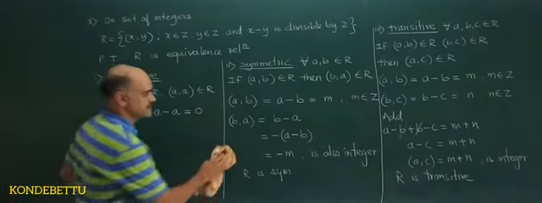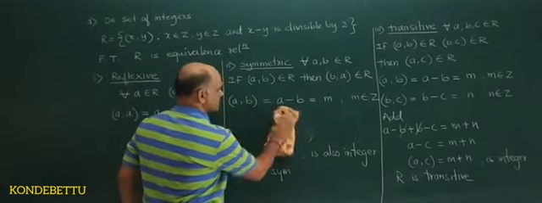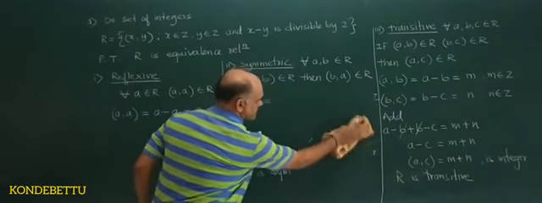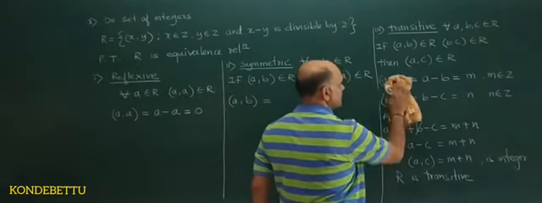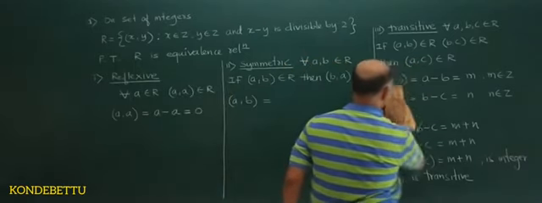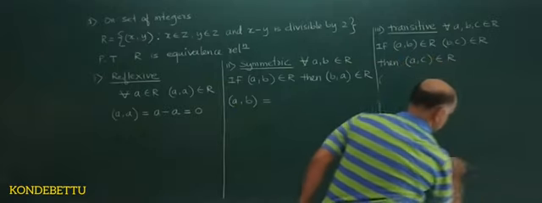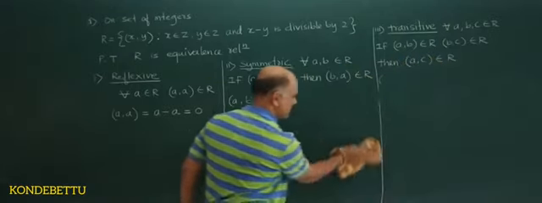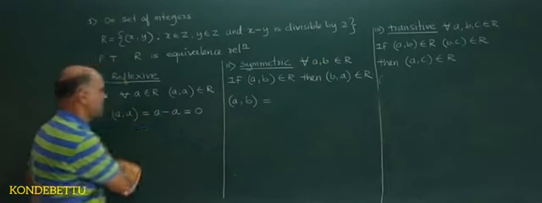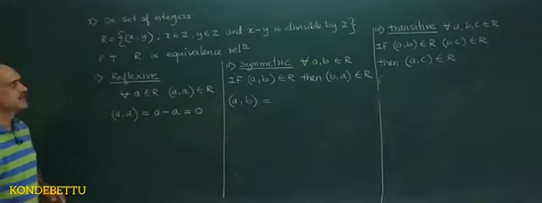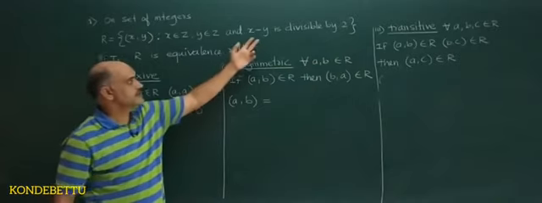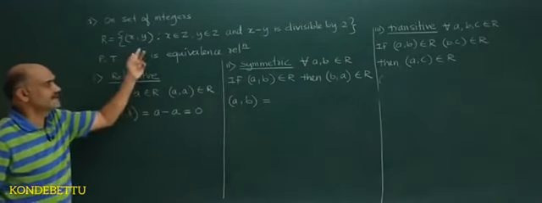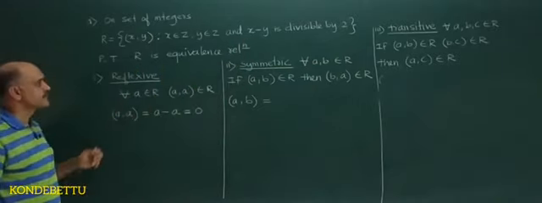So the steps remain the same. So first note down the problem, then we will solve it. Now see here. You are required to show that divisible by 2 is an equivalence relation.